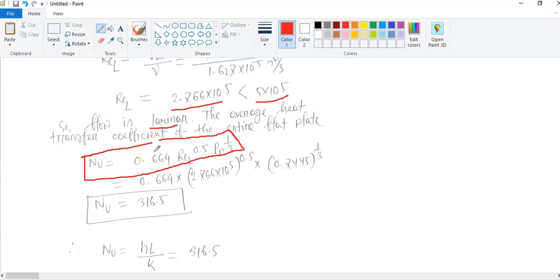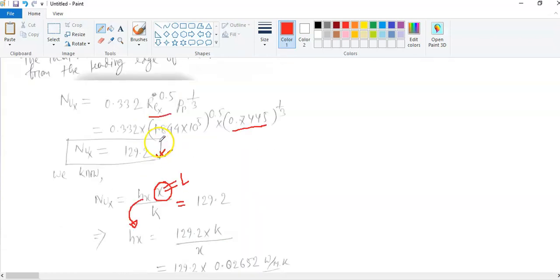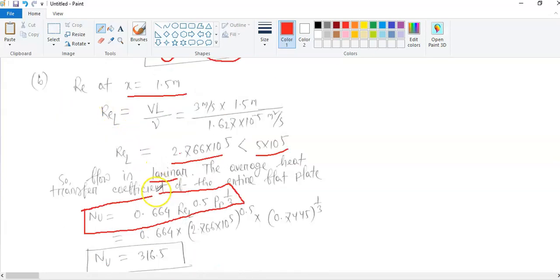So the thing is, when we calculated the Nusselt number at x equal 1, it was the local Nusselt number at x equal 1. And for local values, we have these correlations. But now we are calculating for the entire plate, for the whole plate, and this is not local.